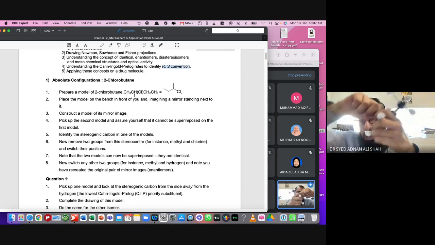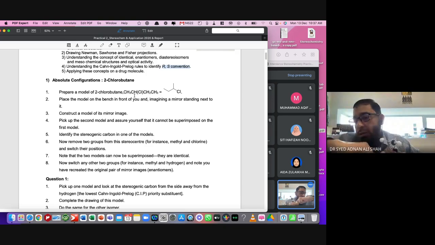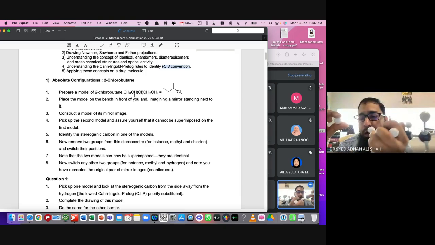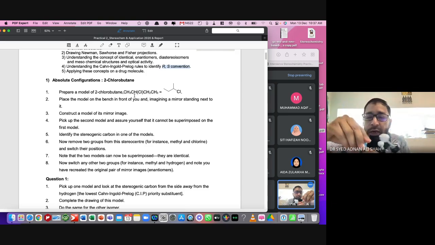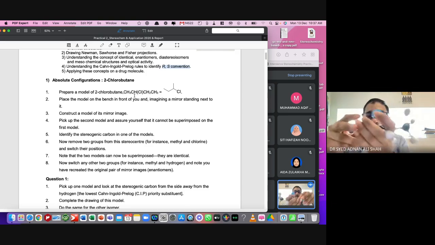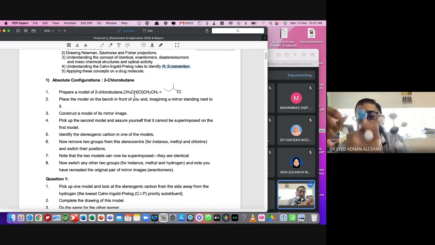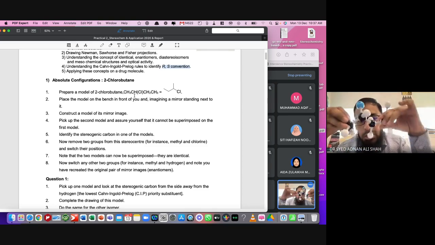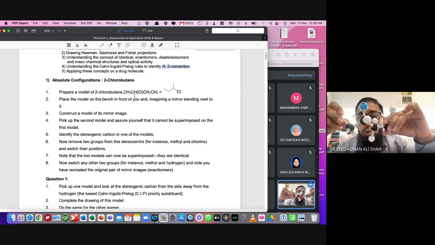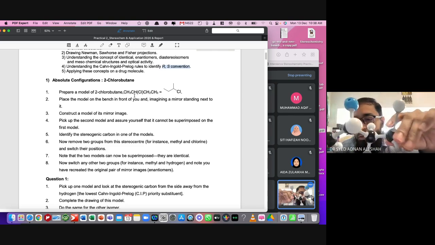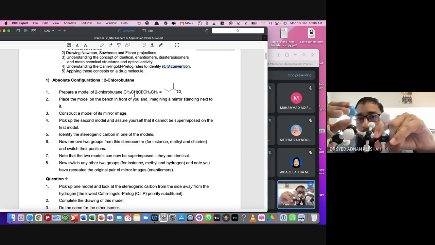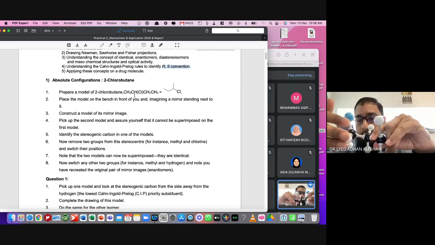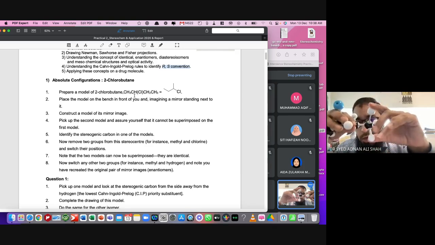So I have to take out this one hydrogen and replace this hydrogen with chlorine, right? This is how this one is 2-chlorobutane. This is the methyl group, this is the chloride, and this is the hydrogen, CH2 and CH3.